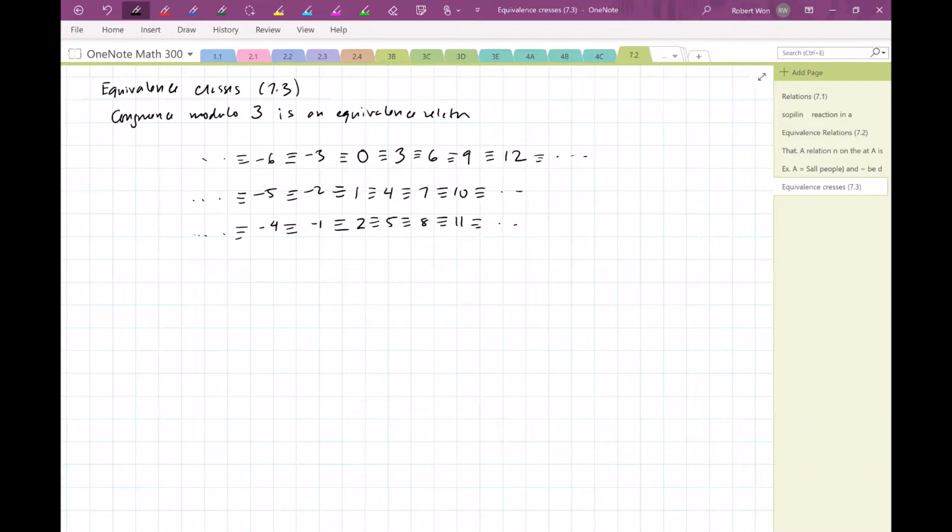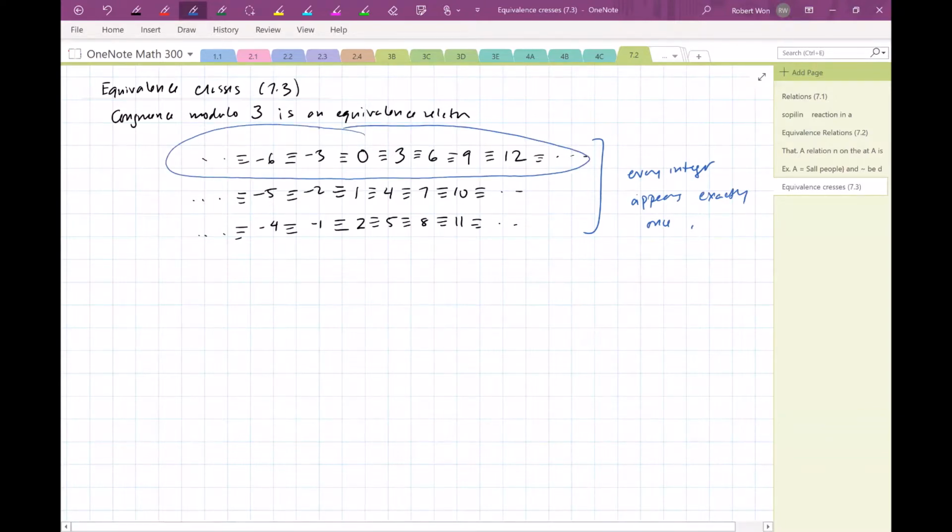But an interesting thing happens. Notice that I've now written down every single integer exactly once. Every integer appears exactly once. And again, by transitivity, all of the things in each list are equivalent to one another.